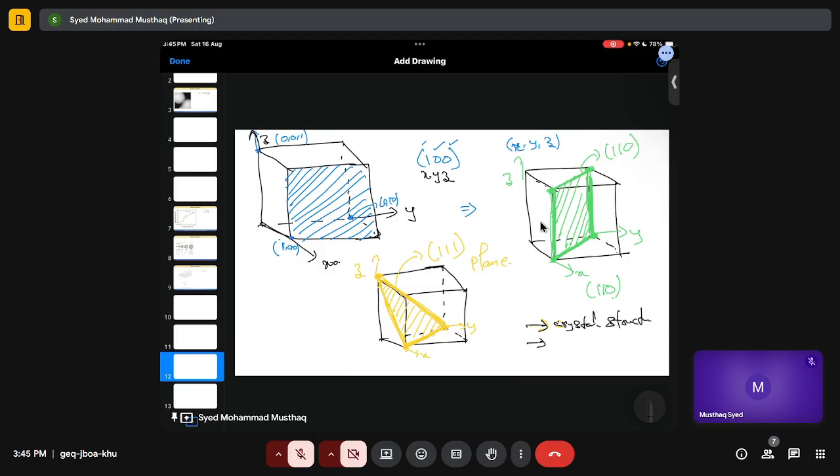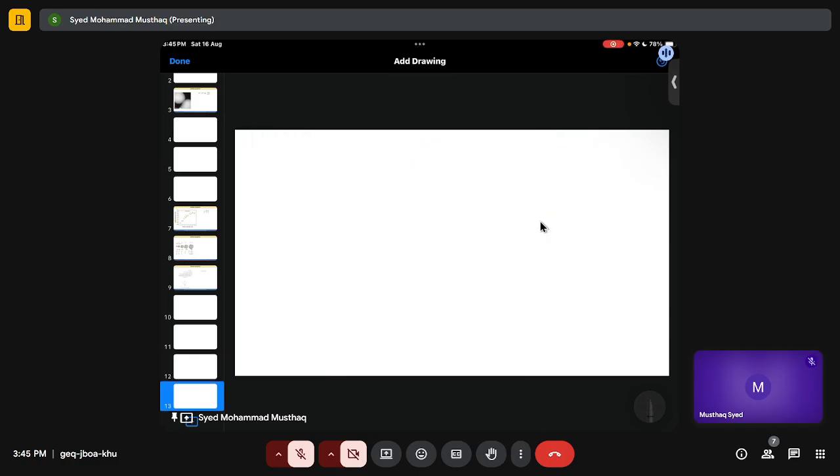and also the atomic plane. In the last class, I explained the surface energy of an atomic plane. How do you view a surface energy?